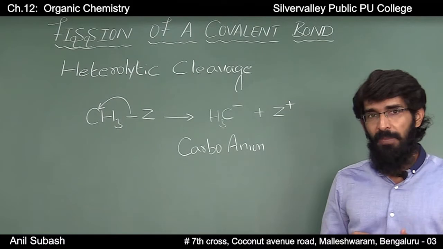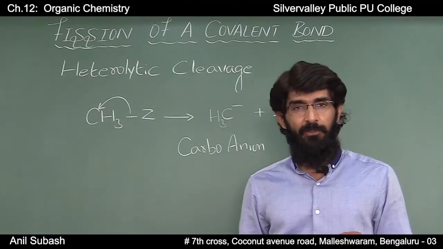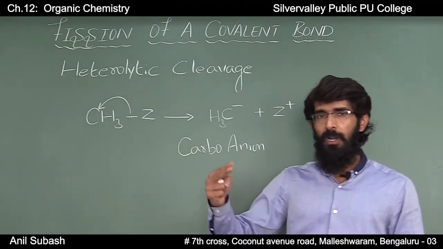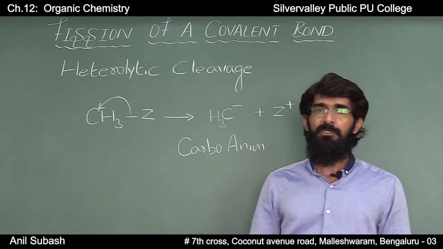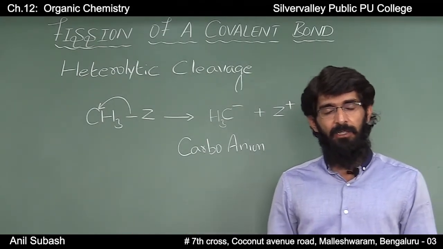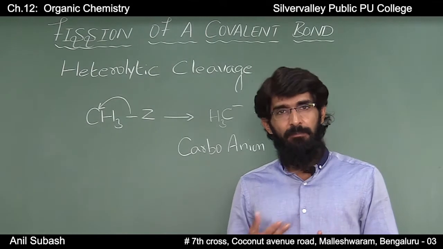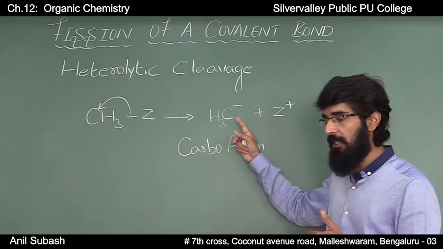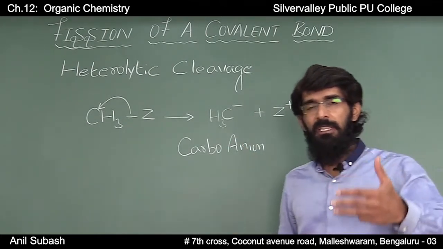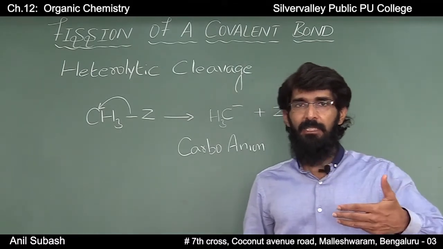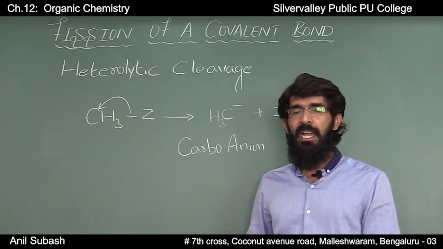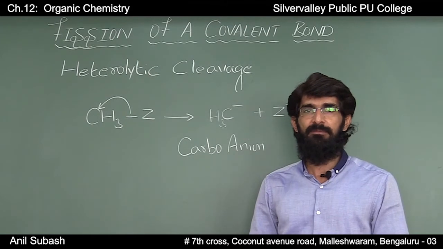If the C minus, that is carbon carrying the negative charge, is attached to 2 other carbon atoms, it is known as secondary carbanion. And if C minus is attached to 3 other carbon atoms, that is known as tertiary carbanions.